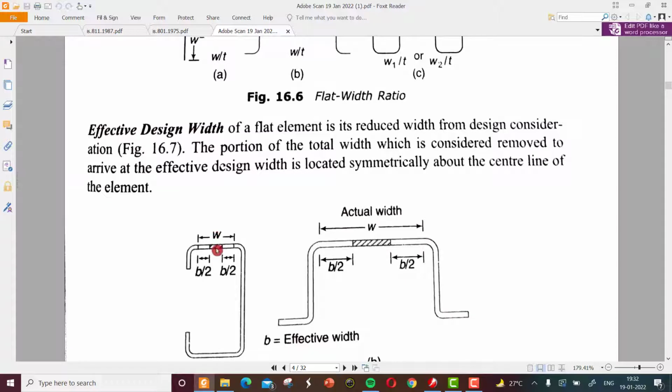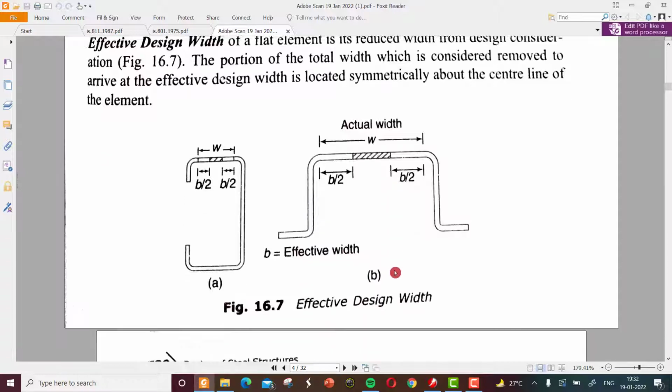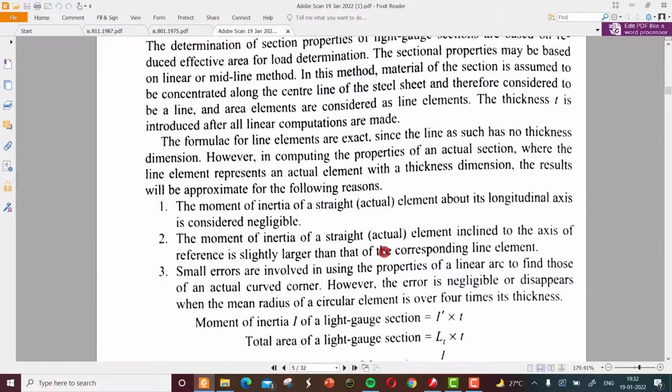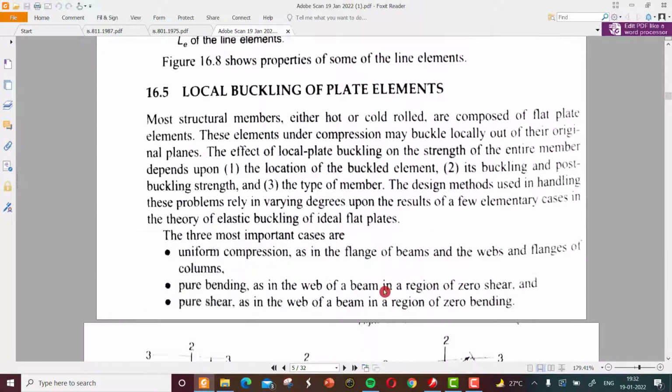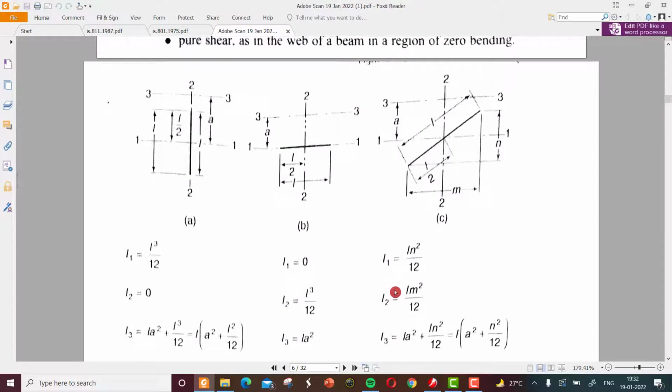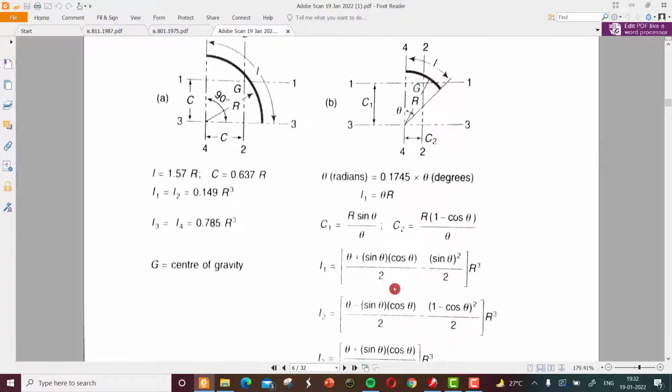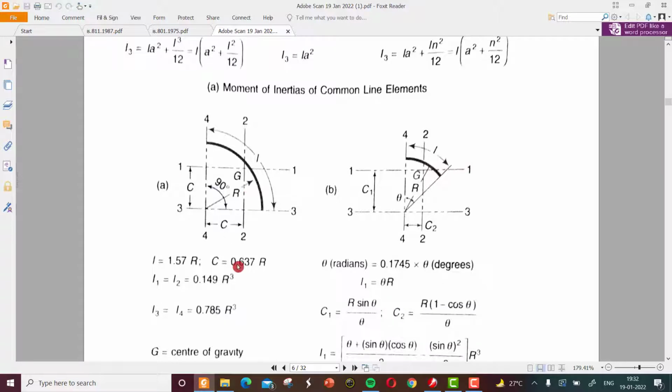Then the effective design width. So this will be the effective design width for this channel section, and as we saw in the last video, the effective design width will be different for the load as well as for the deflection, and the different properties of sections, local buckling of plate elements. We have seen the different properties of this corner angle.